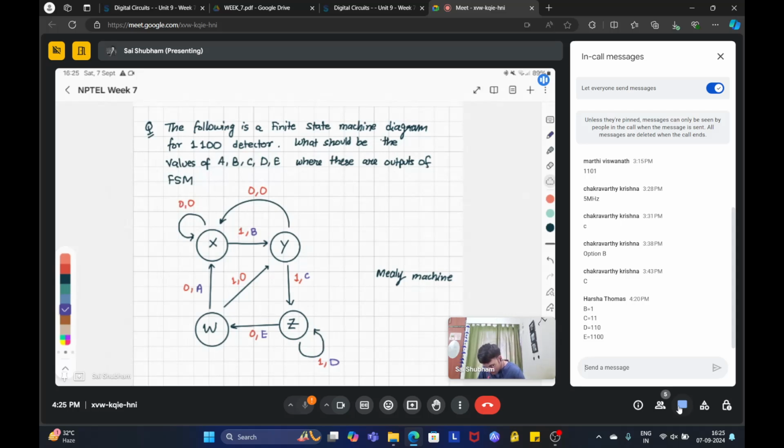Here, instead of having an output corresponding to each state, we have this as input and this as output. You can see that some outputs are missing, A, B, C, D, E. You have to tell me the values of A, B, C, D, E. One of them will be output 1 and the others will be 0.